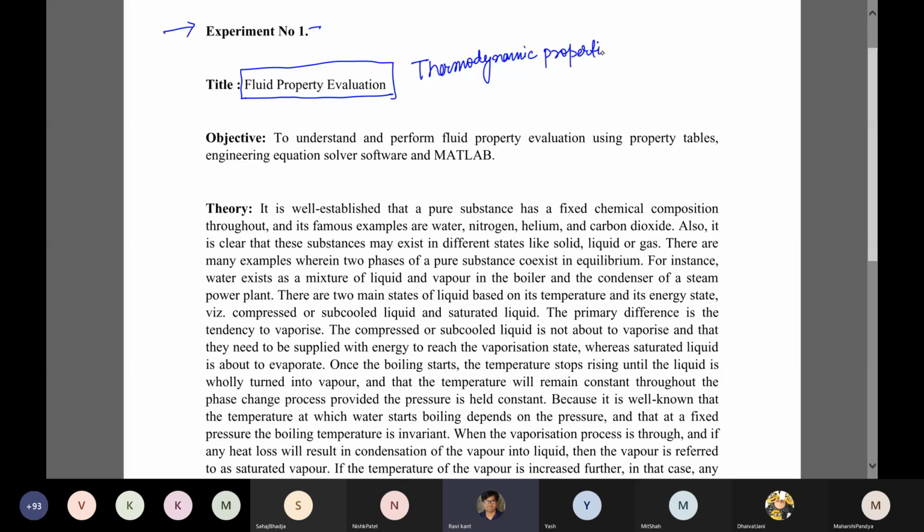The objective of this experiment is to understand and perform fluid property evaluation using property tables, the Engineering Equation Solver software, for which I have already sent you a link on the WhatsApp group, and also using MATLAB if we have it, or other alternatives. We have Scilab and Octave Online, mathematical computational tools analogous to MATLAB.